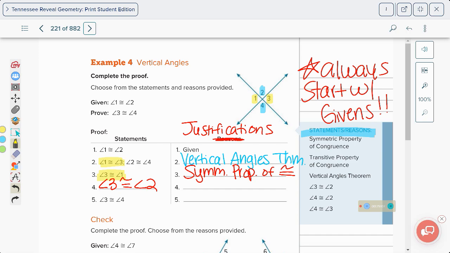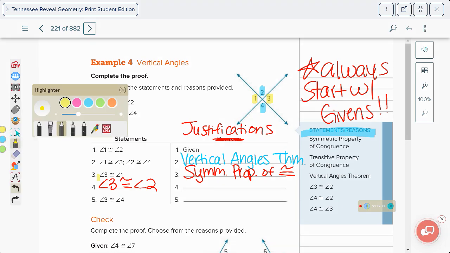All right, our next statement I gave you, I said angle 3 is congruent to angle 2. So I'm trying to figure out a reason or a connection that angle 3 and angle 2 might have. Let's look at previous statements.